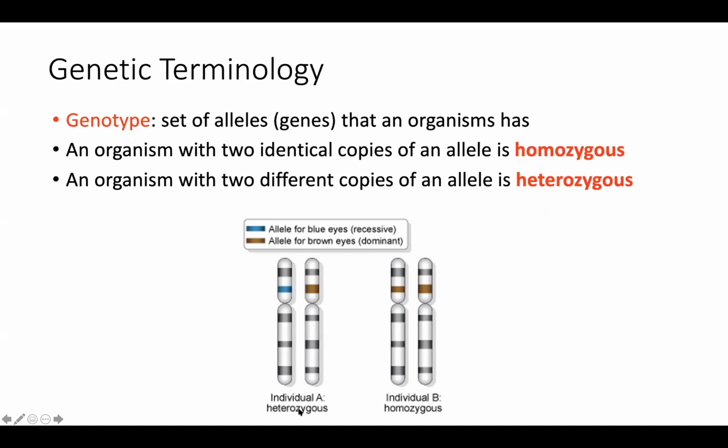And so let's look at this example we have here. This is a very relatable example with eye color, right? This individual A has a heterozygous pair of alleles, right? And this key tells us that the allele for blue eyes is recessive and the allele for brown eyes is dominant.